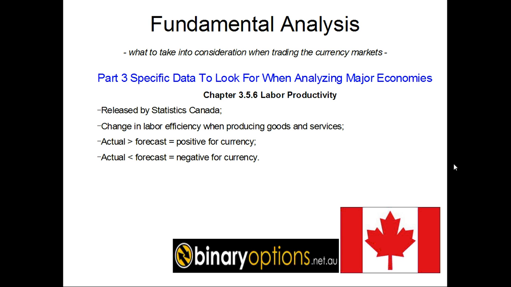binaryoptions.net.au, and if you are choosing an asset, let's say that this time you are looking at Great Britain pound Canadian dollar, and let's say that the actual labor productivity data is coming lower than the forecast, or lower than expectations, then this should be viewed as negative for the currency.